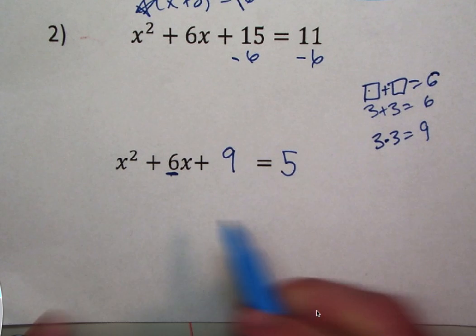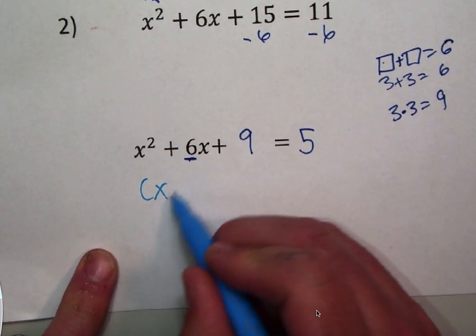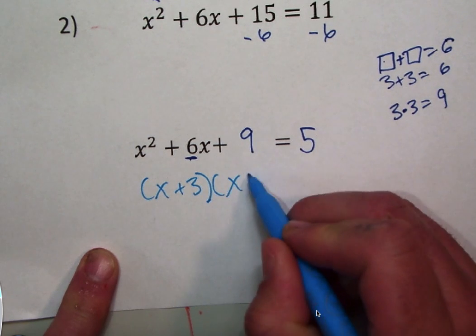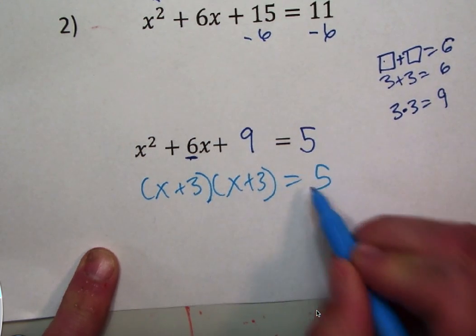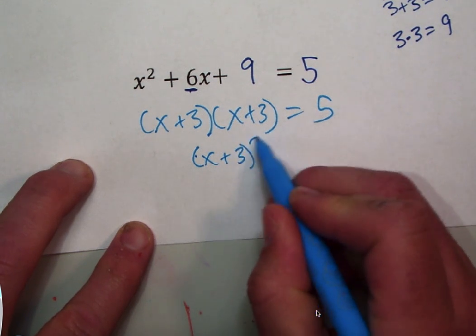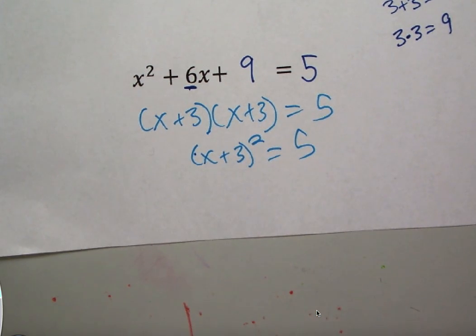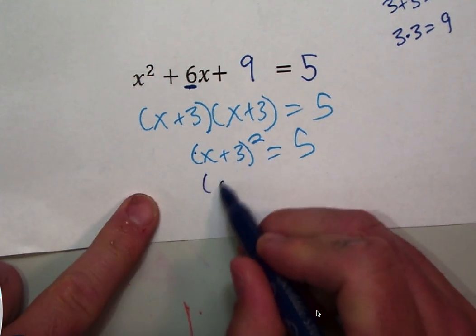Okay, and now, what times what equals 9 that sums to 6? Well, that's 3 and 3, so x plus 3 times x plus 3 equals 5. And then we can write that as x plus 3 all squared equals 5. And then you can take the square root of both sides, right?